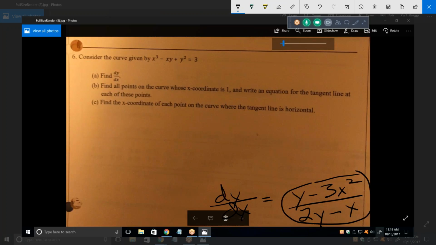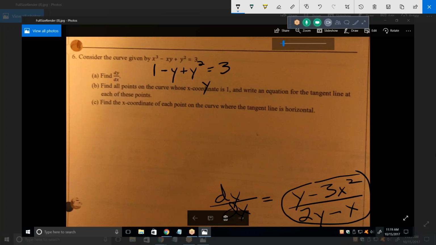Think about this for a second. Find all points on the curve whose x-coordinate is 1. Well, here's the original curve. If I substitute 1, I have 1 minus y plus y squared equals 3, a quadratic, correct? Well, I can solve that quadratic.